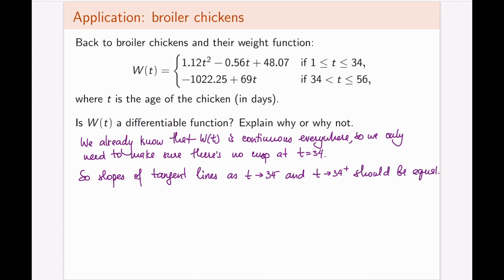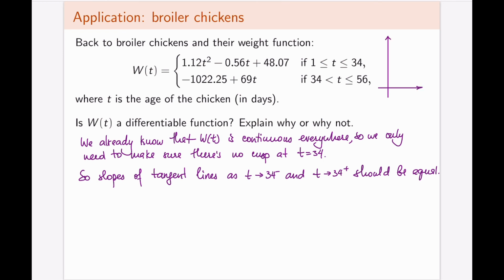So in summary, we already know that this function is continuous as per our previous calculations, and therefore we simply need to make sure that it's also differentiable at 34, that there's no cusp at 34 at the connection points. So if we want to sketch a little quick picture here, I already know some things about this function.